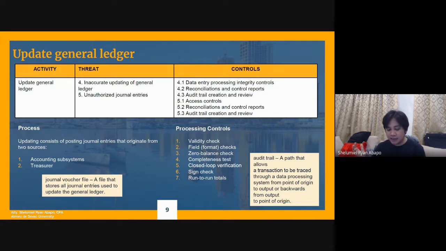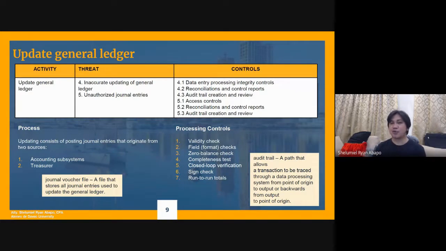This summary of journal entries represents all transactions that have occurred during a given period, and they are summarized in a file called a journal voucher file. A journal voucher is a file that stores all the journal entries that are used to update the general ledger. So it could be a journal voucher file for this week, and this will update the general ledger for expenditures, for inventory acquired. Okay?